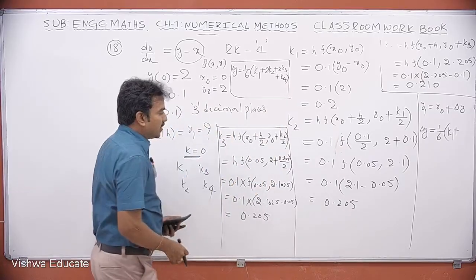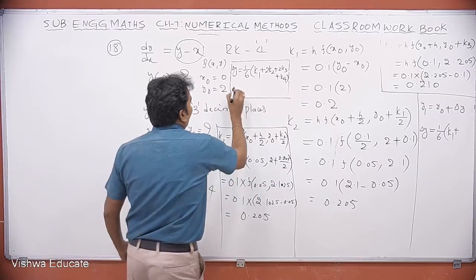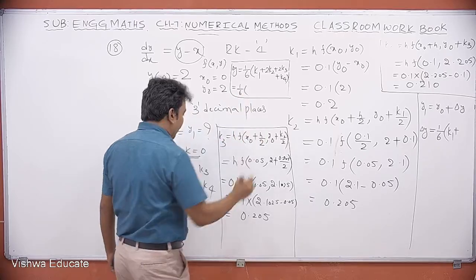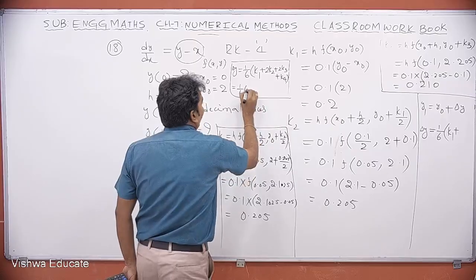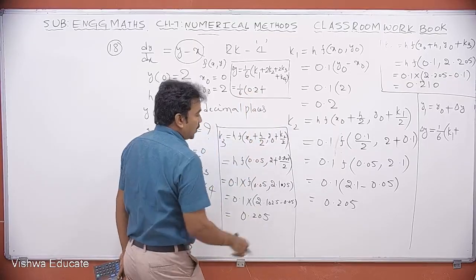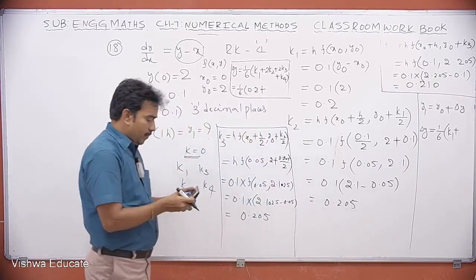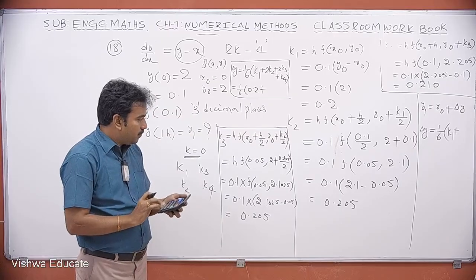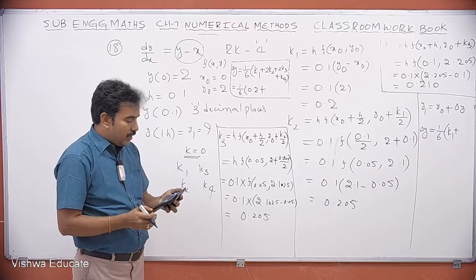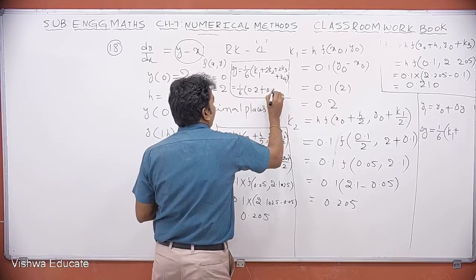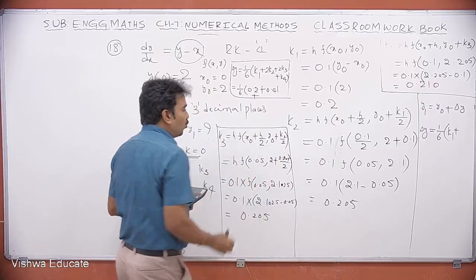So therefore this is 1 by 6 into k1 value, we got k1 value as 0.2, plus 2 times 0.205 equal to 0.41, plus 2k3.